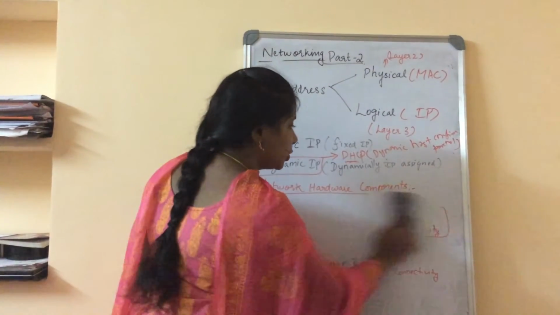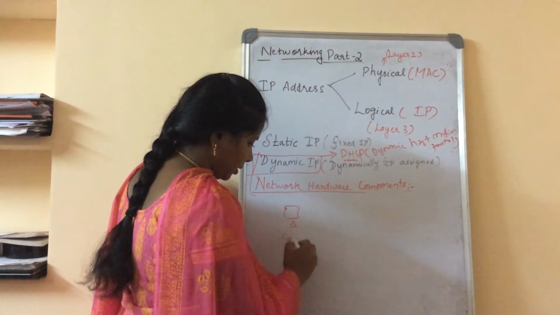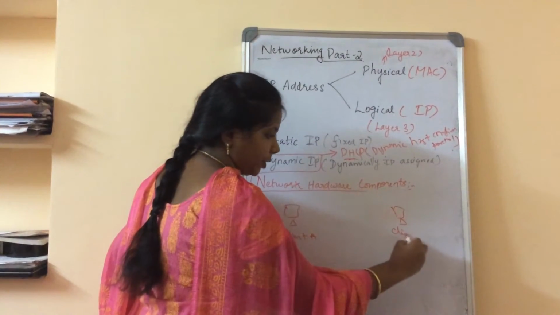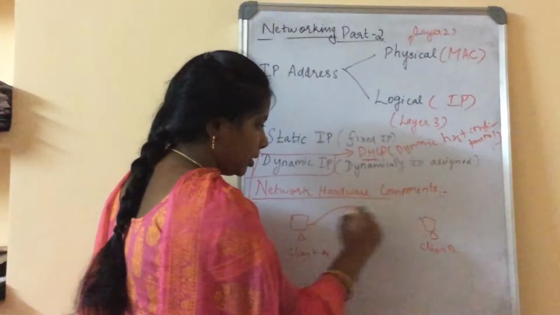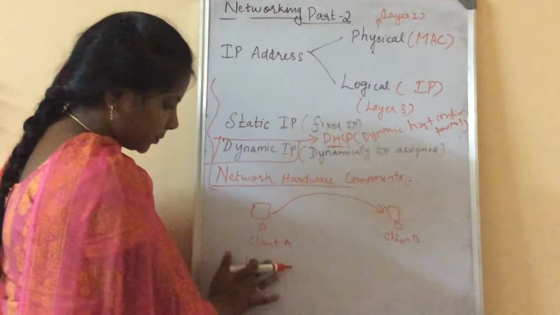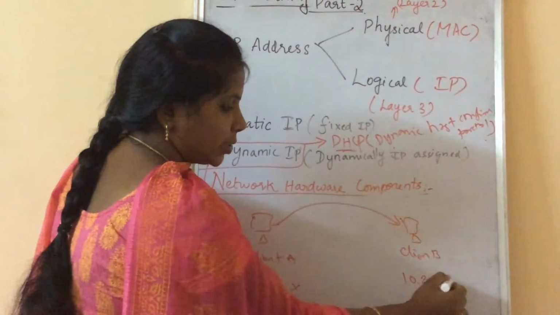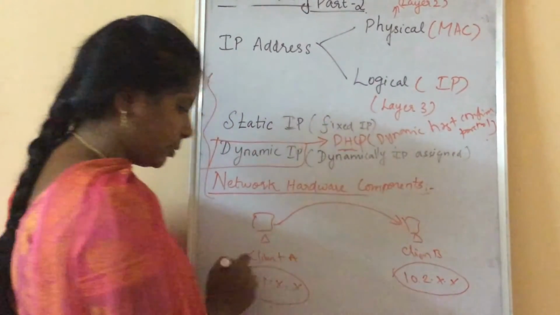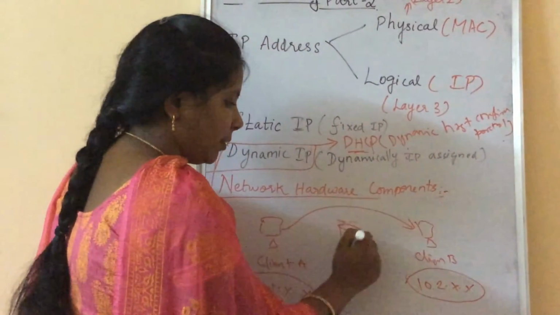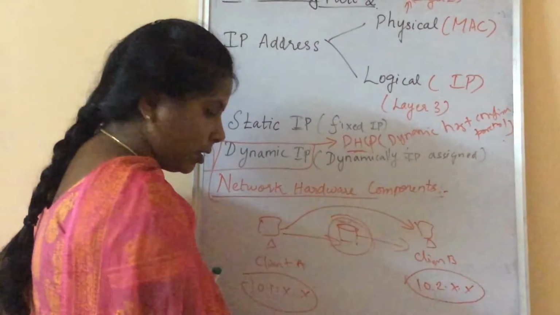So I'll show you an example here. See, this is client A and this is client B. Okay, I want to communicate from here to here, but the network connected here is 10.1.x.x and here it is 10.2.x.x. This network is different, this network is different. If I place a switch here, it will not communicate since it is a LAN communication device.